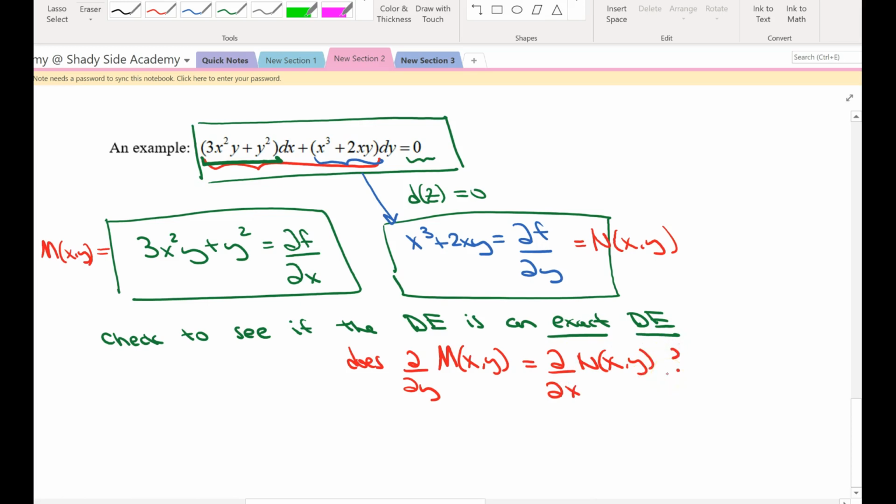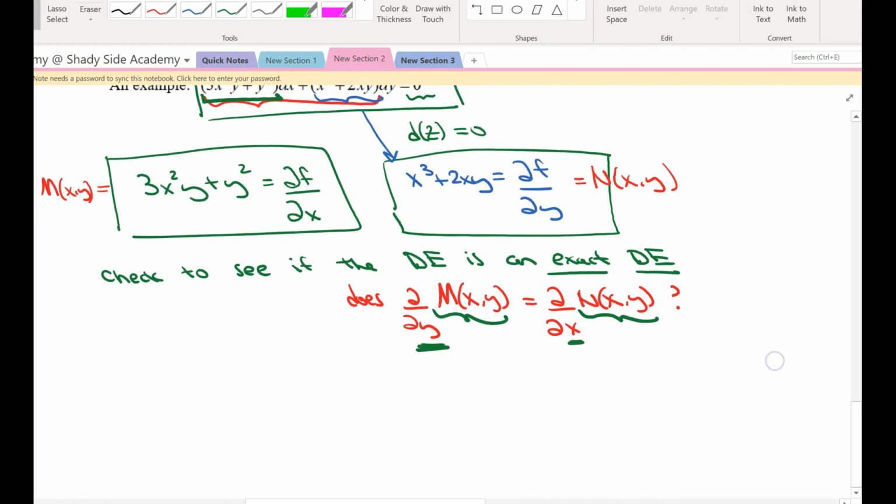Here's the criteria. Does the partial derivative with respect to y of the partial derivative with respect to x equal the partial derivative with respect to x of the partial derivative with respect to y?